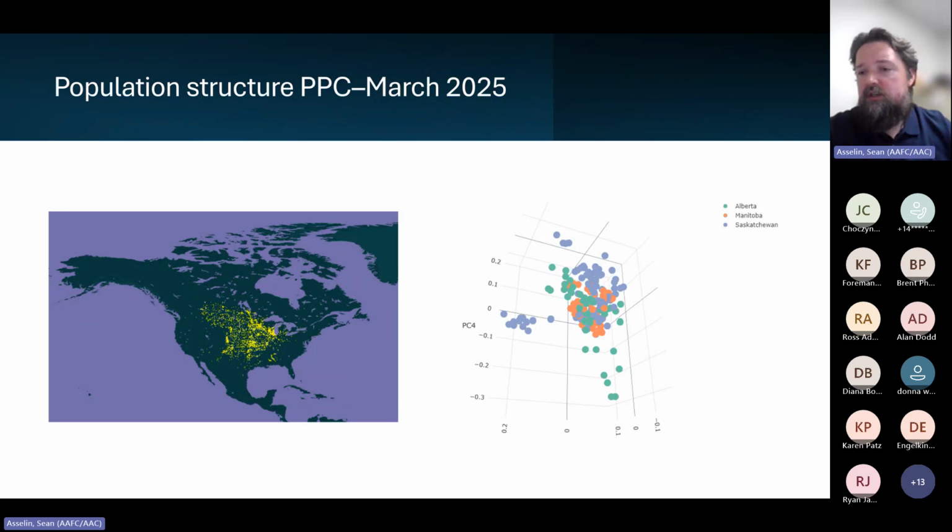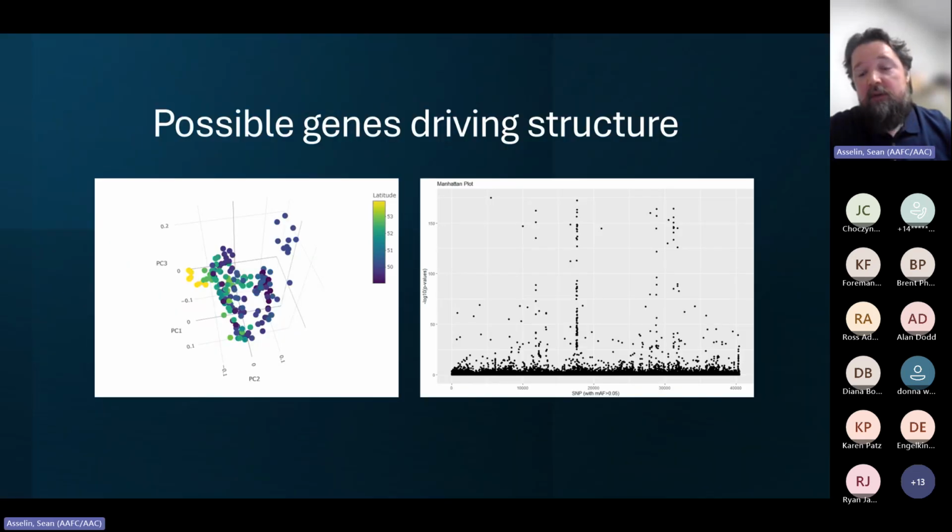So we're just starting to scratch the surface there. Again, this is data that I just received and analyzed earlier this week. So we'll find out soon what's going on in this system. I will say with some of the analysis we've done so far, we are finding some signatures that materials vary based on latitude, which is not terribly surprising. We see that in a lot of different herbaceous perennials.